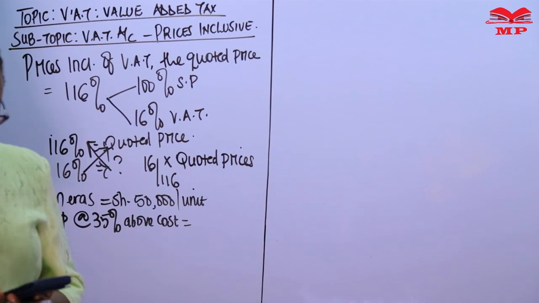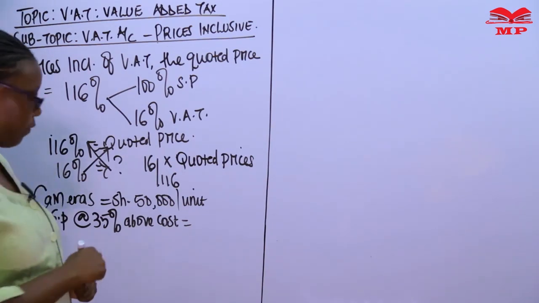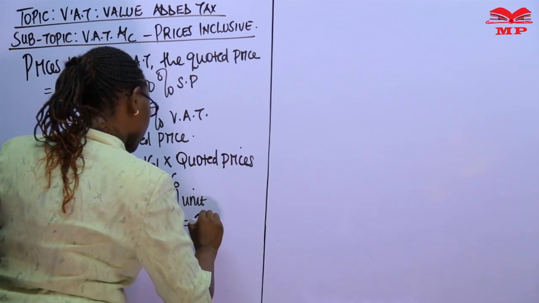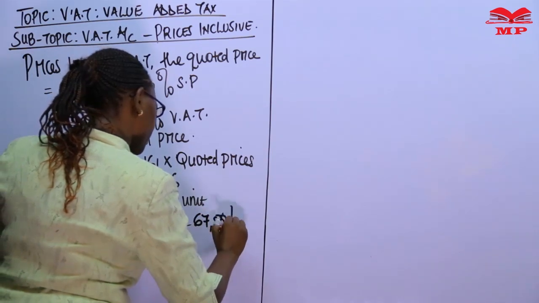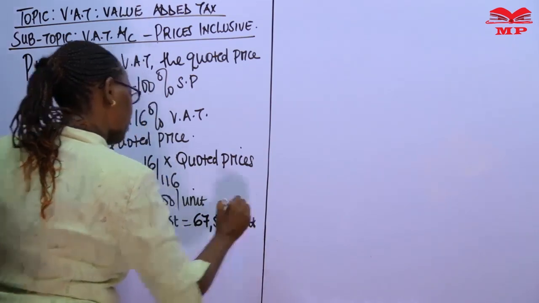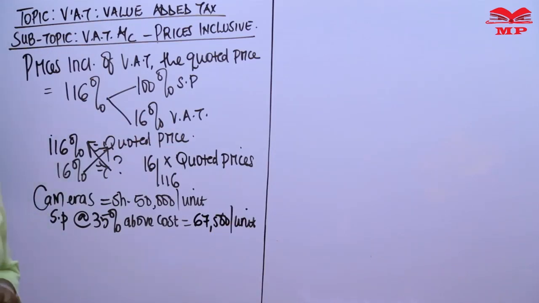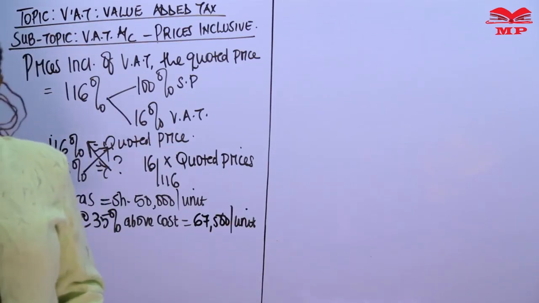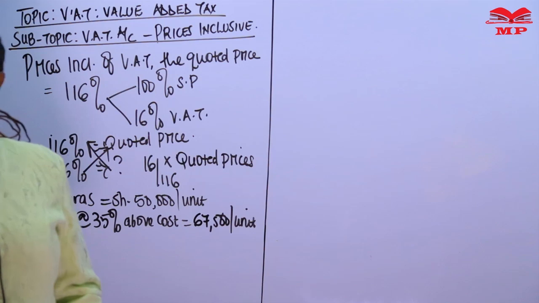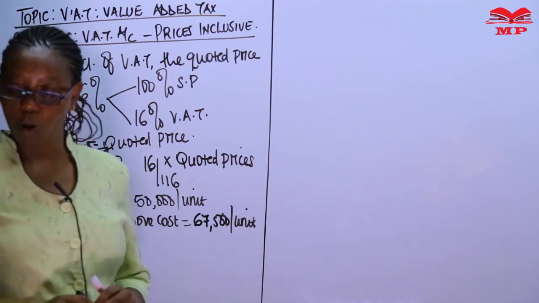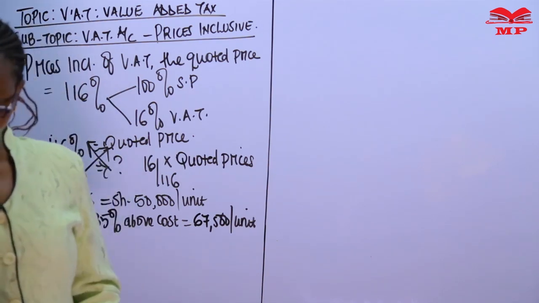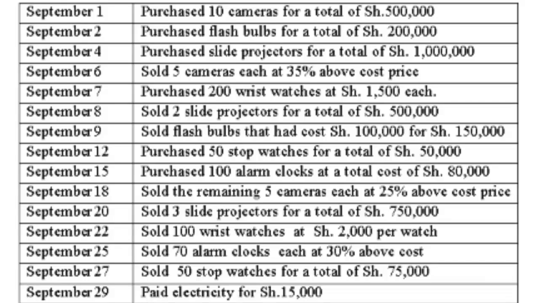So we have 50,000 times 1.35, which gives us 67,500 per unit. Now that we have sold, the VAT that you collect from your customers is output VAT. So those sales of 5 cameras go to the output VAT.